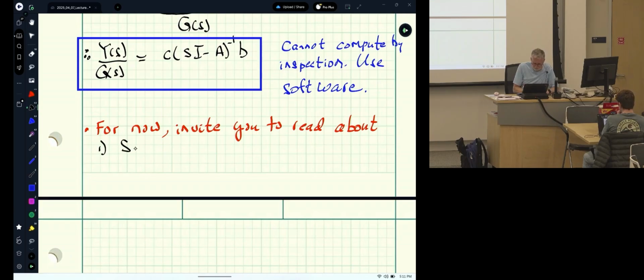One, the Segway model. So just scan that before Wednesday. And two, linear approximations of nonlinear differential equations.